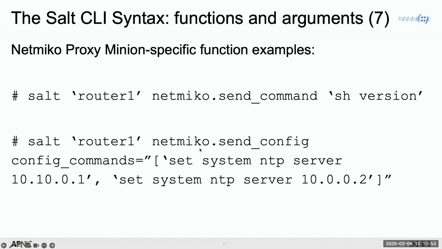If we want to send configuration, we can use Netmiko send config, and we can use the command system NTP server. So this is similar to going to the device and executing these commands. Instead of that, you are writing within Netmiko and then using the salt CLI syntax to execute them.